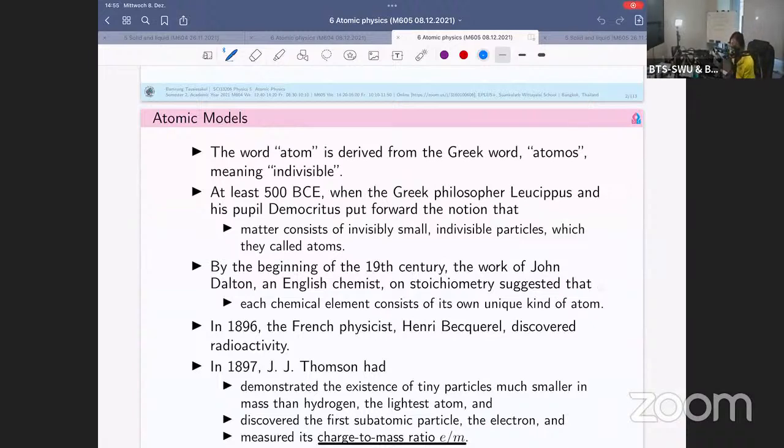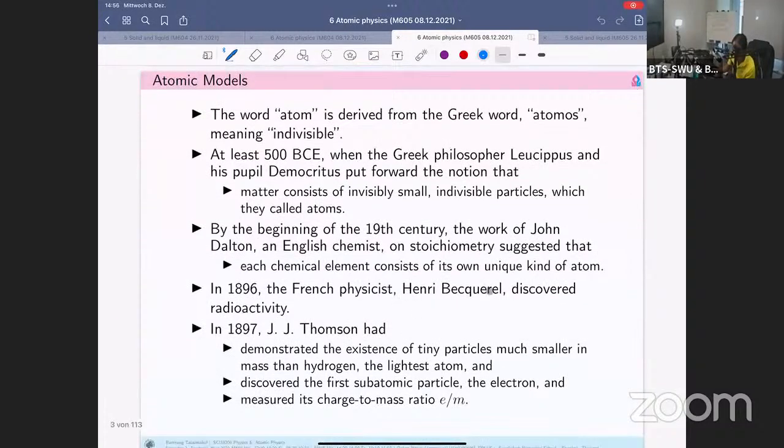All right, in 1896, the French physicist Henri Becquerel, though I think his name was pronounced Henri.